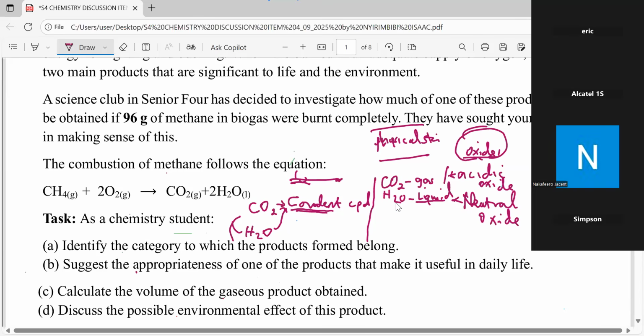Isn't it as if the question wants one category combining the two products? No. You see, the category to which the products belong. Oh, so you're looking at the word category. Yes, and they have not said categories.